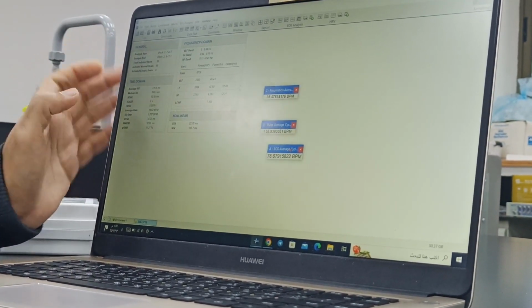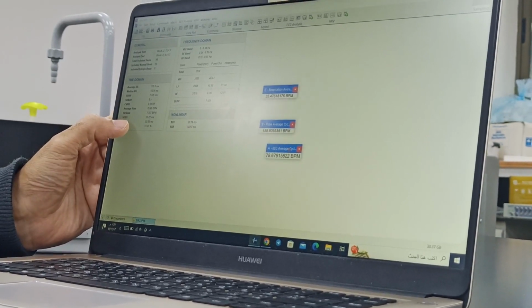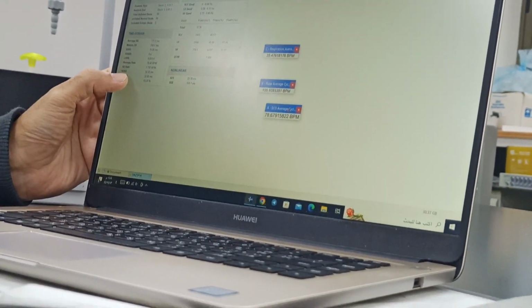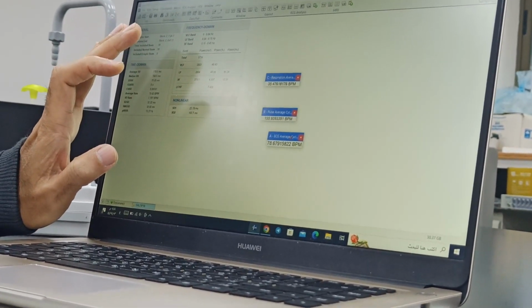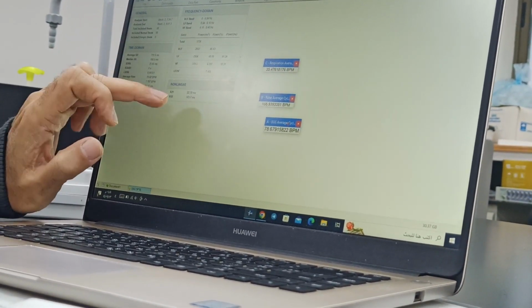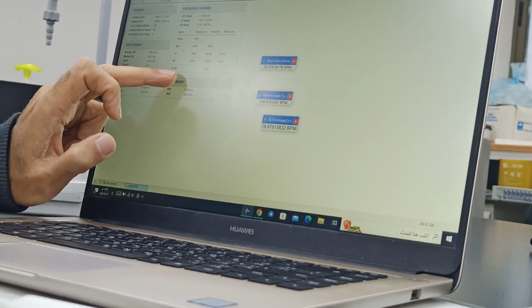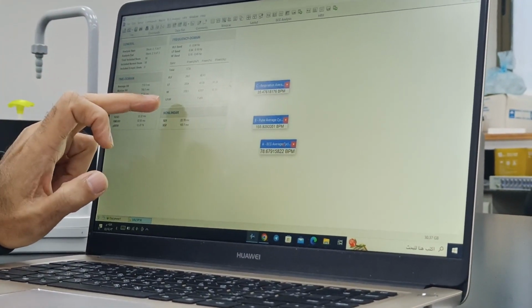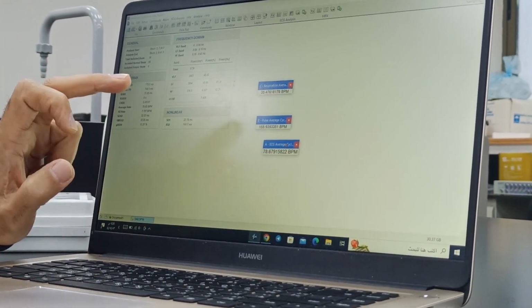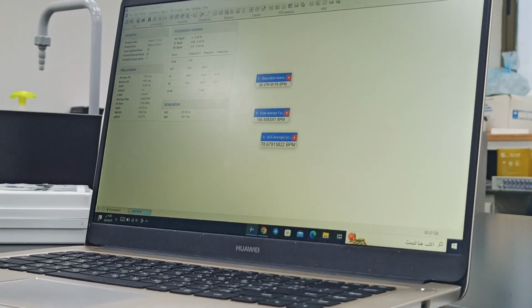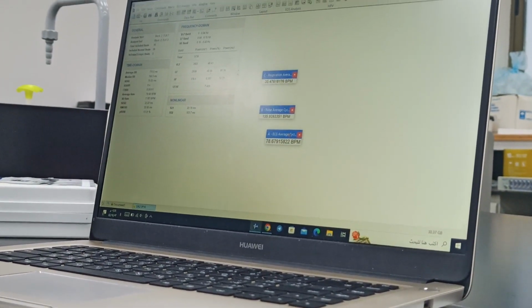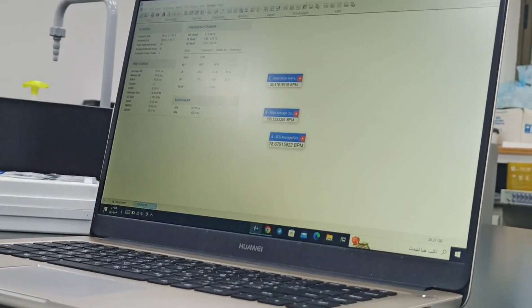HF is basically similar to what RMSSD is doing, that is a parasympathetic activity indicator, whereas LF is more inclined towards sympathetic. And then there is a ratio of LF to HF. LF is sympathetic, HF is parasympathetic, so it's a sympatho-vagal balance, a balance between the two systems.